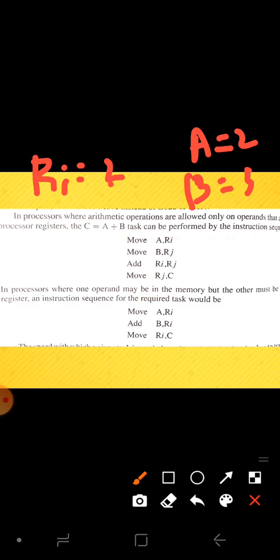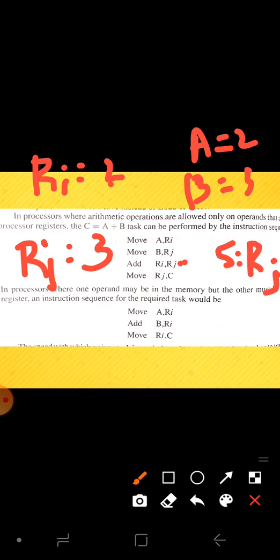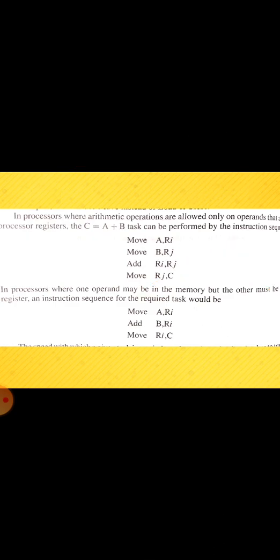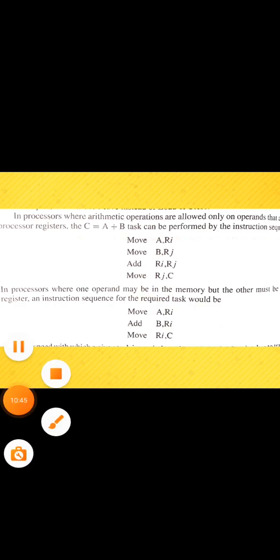Next move B to RJ, so RJ will be holding 3. Next add RI comma RJ, so 2 plus 3, where RJ is your destination. The result 5 will be stored in RJ. Again from RJ you store it to another location C. That's it.